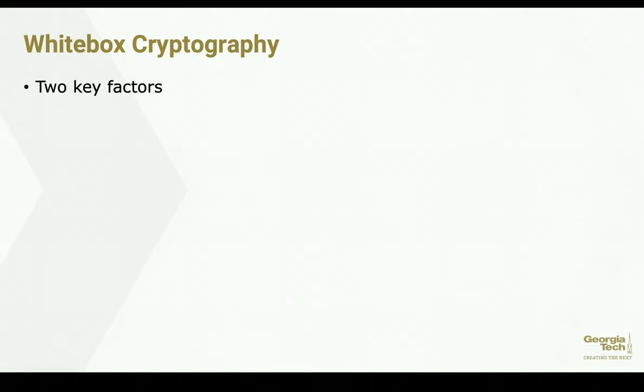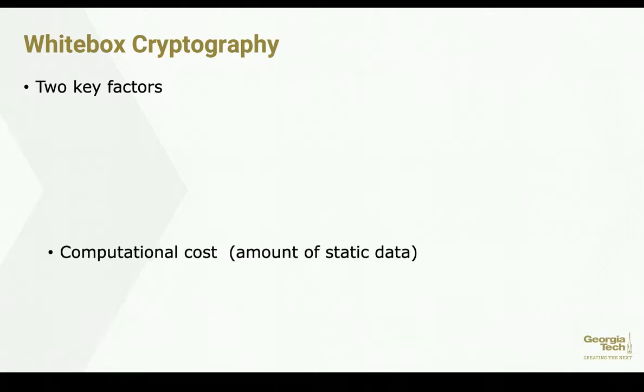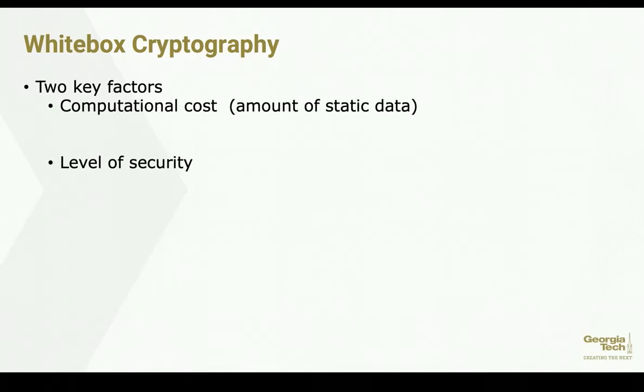In this section, we are discussing the existing WBC algorithms as a prerequisite, or some historical information, before diving deep into this paper. For any WBC algorithm, there are two key factors. The first one is the computational cost, and the second one is the level of security. Unfortunately, these two factors come as a trade-off, meaning both cannot be achieved simultaneously.